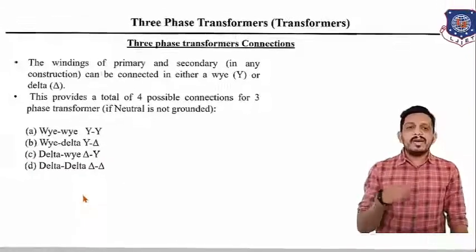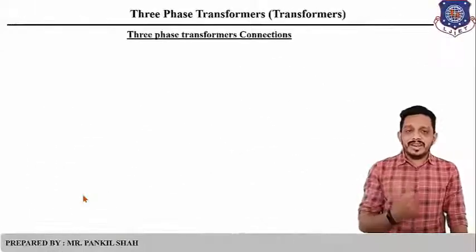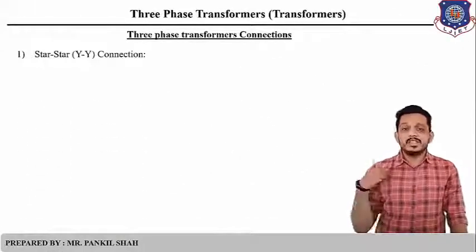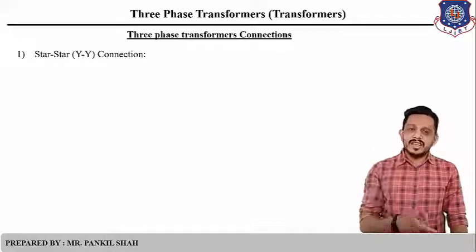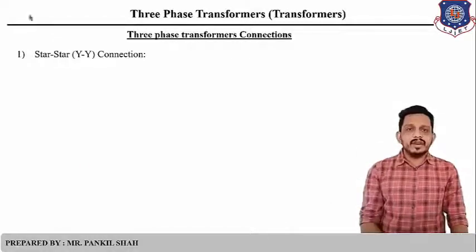So let's see one by one all types of connection in a three-phase transformer. Whether it is three units or a single unit, we have to interconnect the three-phase winding. So the first connection is the star-star connection.